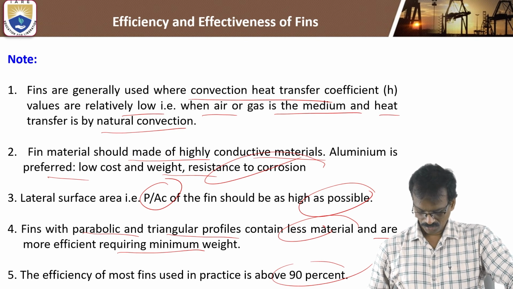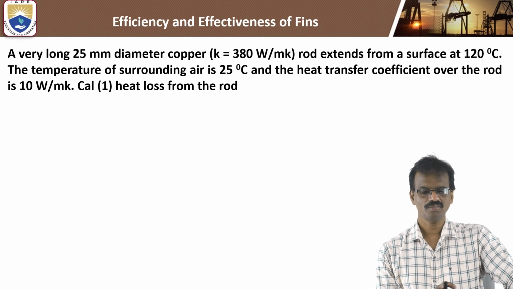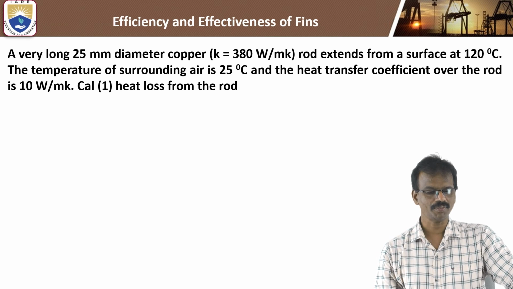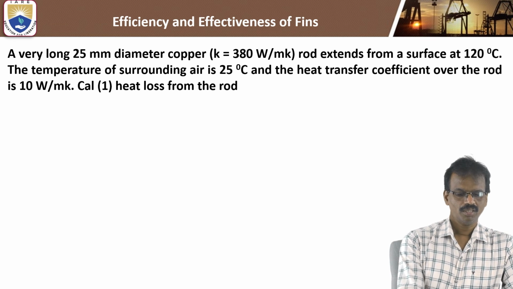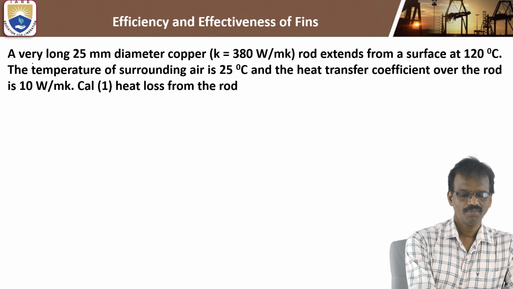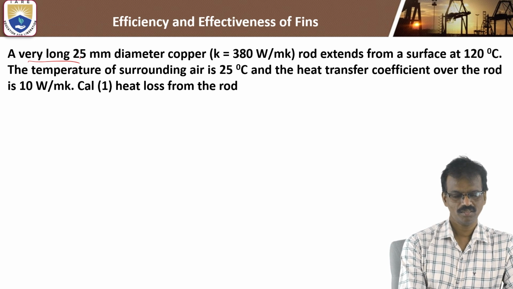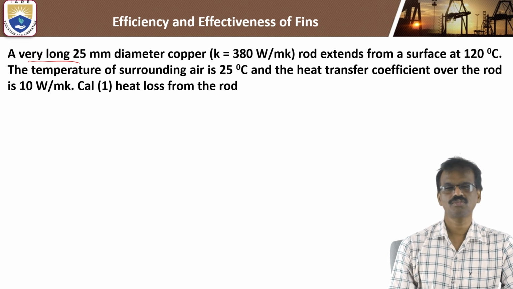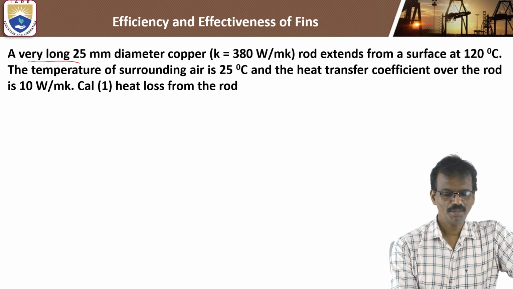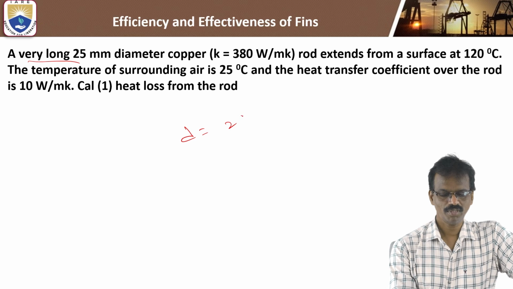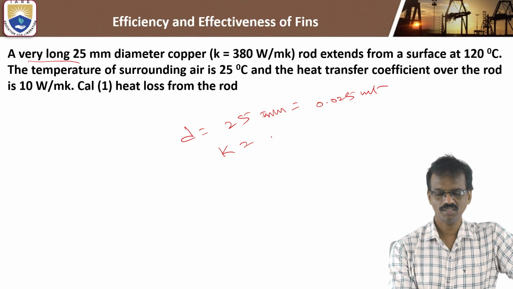Now we'll see one numerical based upon a long fin. Here the condition is a very long pin. The diameter of the long pin is given as 25 mm, converted into meters, 0.025 meters. Thermal conductivity K is equal to 380 watt per meter Kelvin.